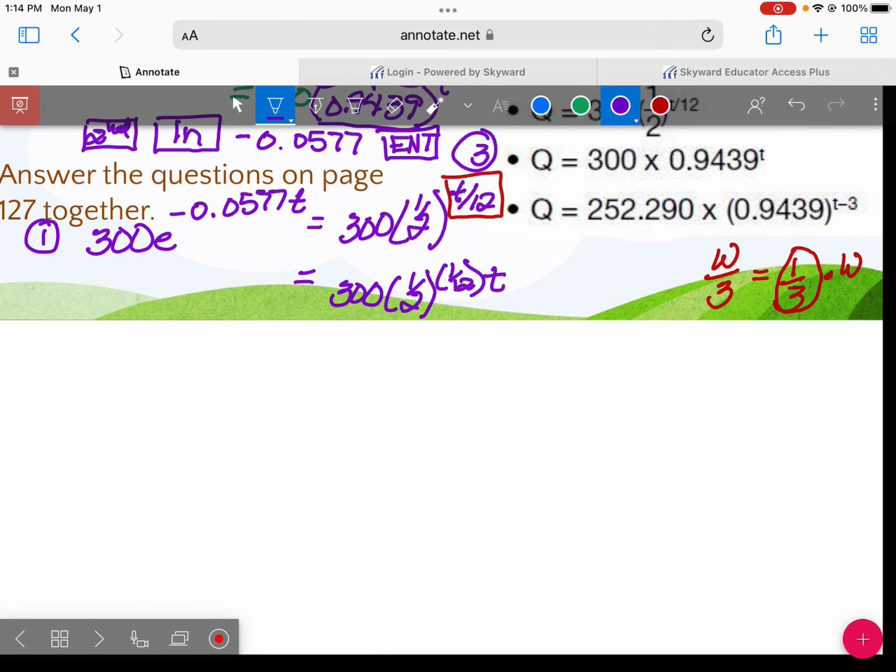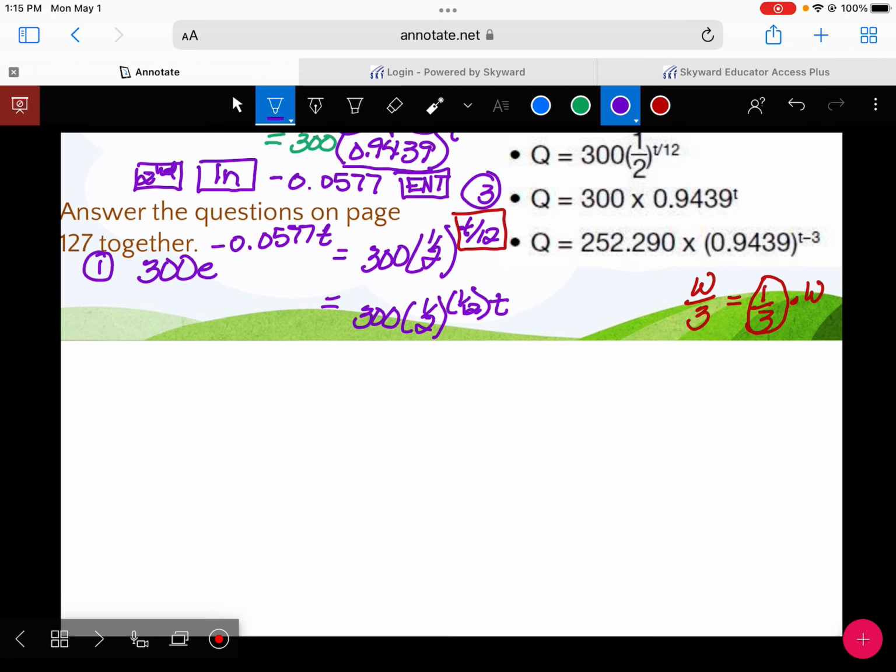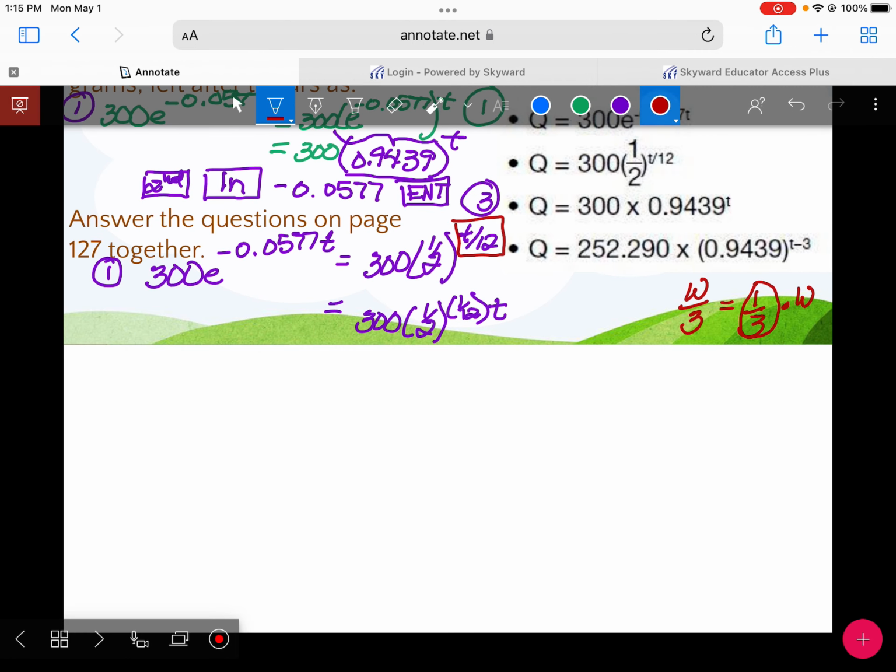So I want you now to take 1/2 and raise that to the 1/12th power and tell me what you get. Take 1/2 and raise it to the 1/12th power. You have to do the caret.